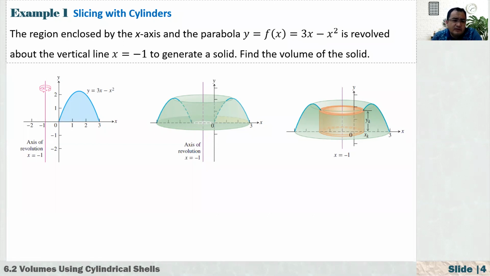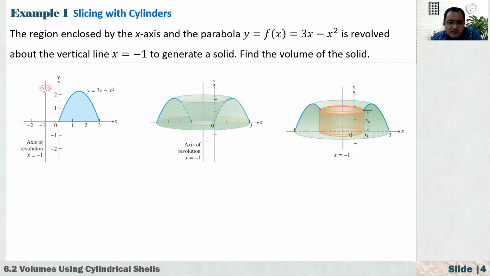Suppose we are given the region enclosed by the x-axis and the parabola f of x equals 3x minus x squared, revolved about the vertical line x equals -1. As I say in the first picture, we are talking about this red line, and around this red line, not the y-axis, we are just revolving this blue shaded region.